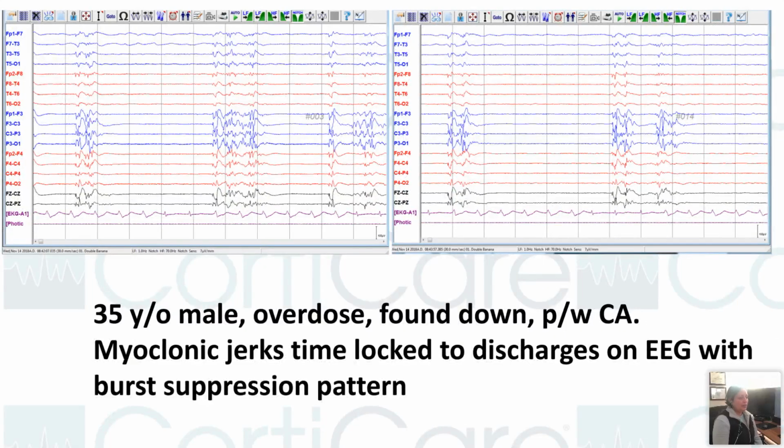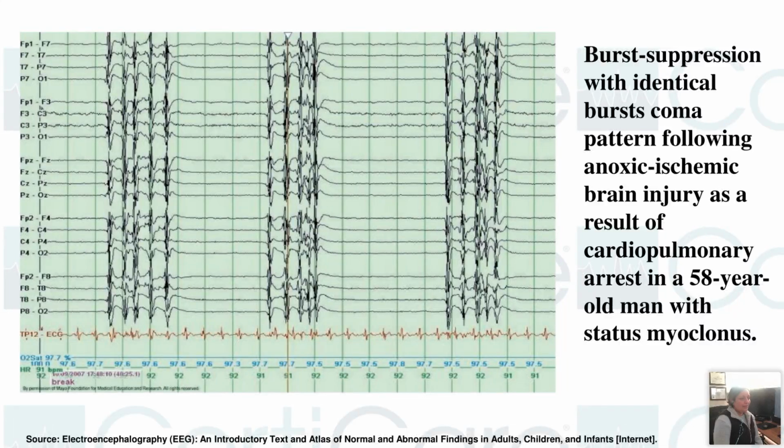Okay, this one here again, these are again heterogeneous bursts, burst suppression pattern, and these discharges are time-locked with the myoclonic jerks. These are identical bursts, identical highly epileptiform high voltage bursts on a suppressed background.